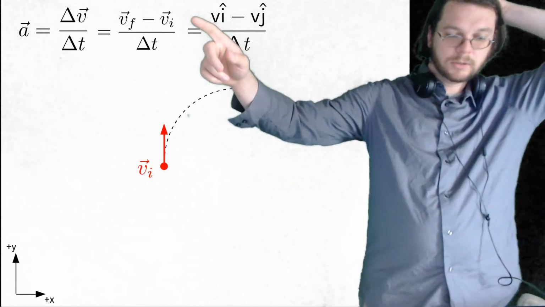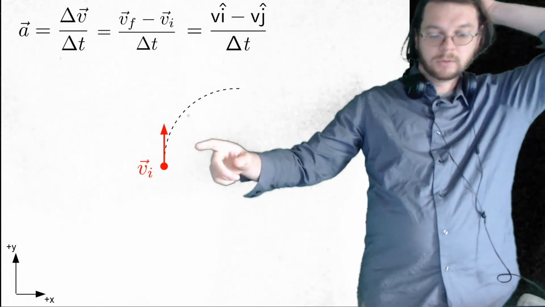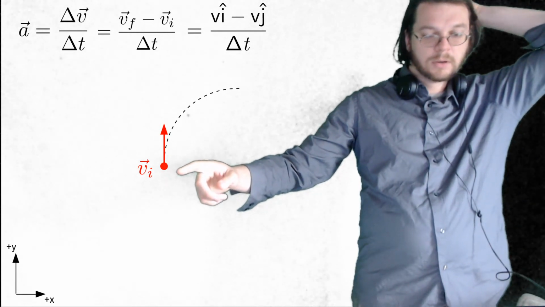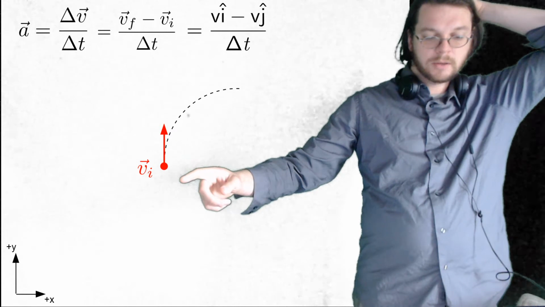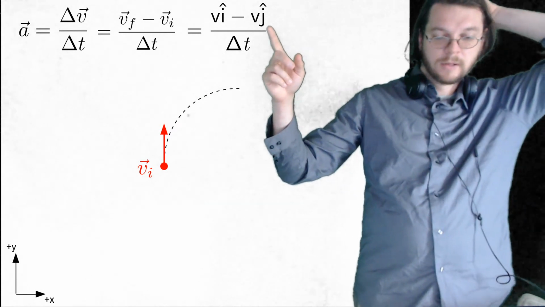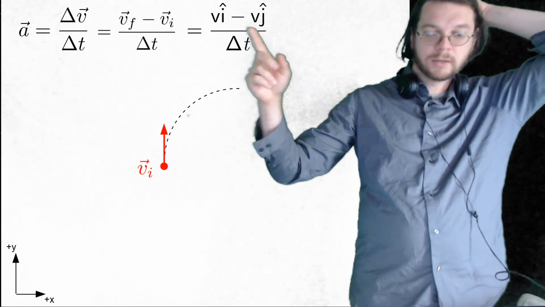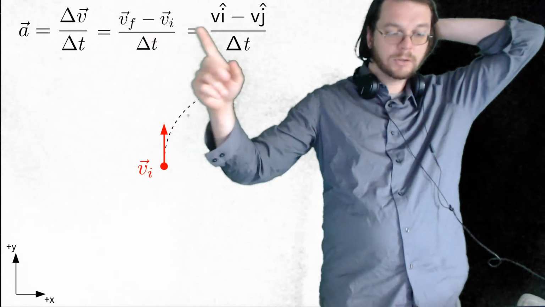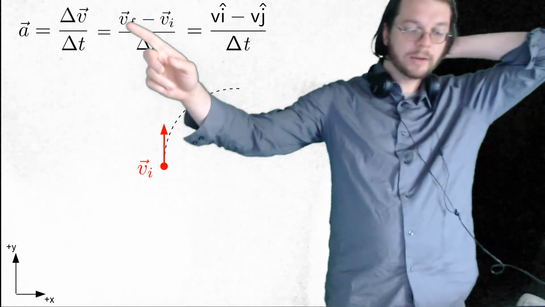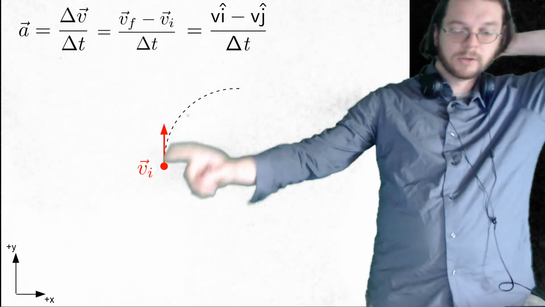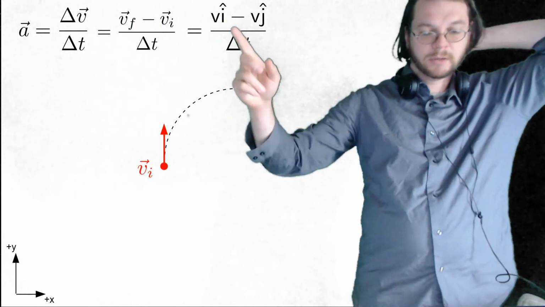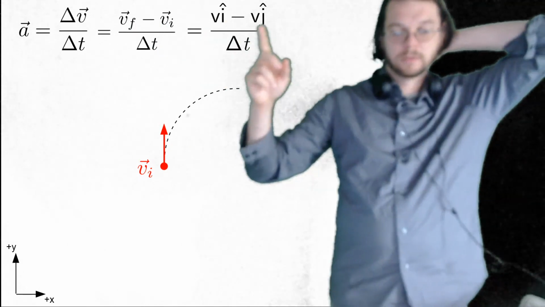So the initial, which is this thing right here, is going to be our velocity, or our speed, I guess, in the y direction, which our shorthand for that is j hat. The only reason there's a minus sign in here is because it's the change in velocity that's related to the acceleration. So we already had a minus sign out here. The initial velocity, again, is to positive y, and so we have minus a positive y, which is minus v j there.